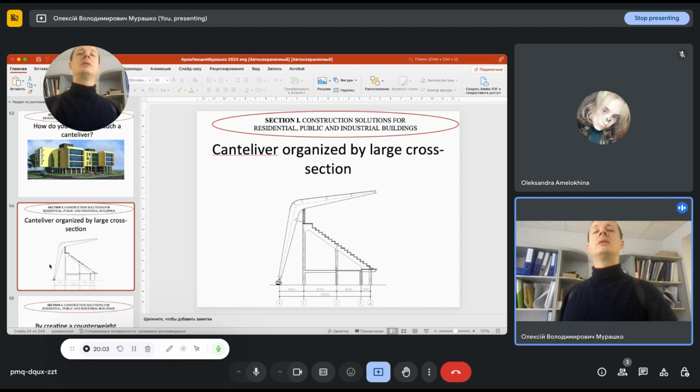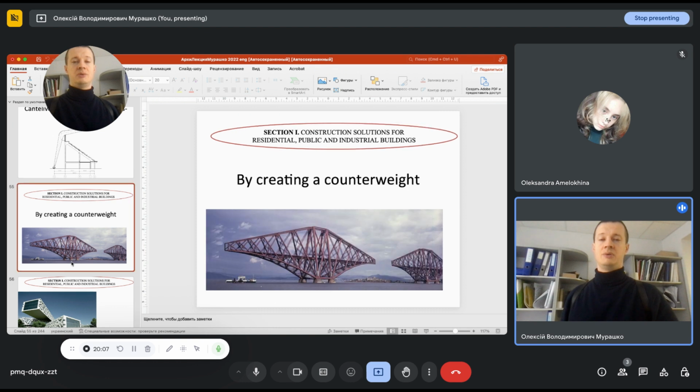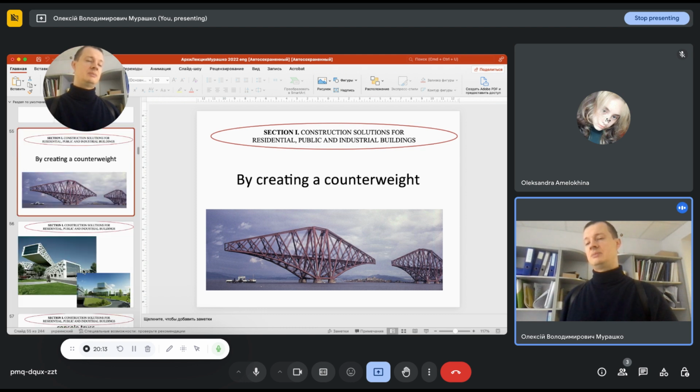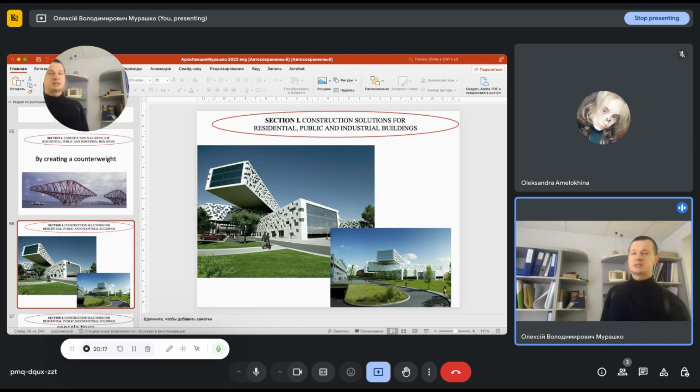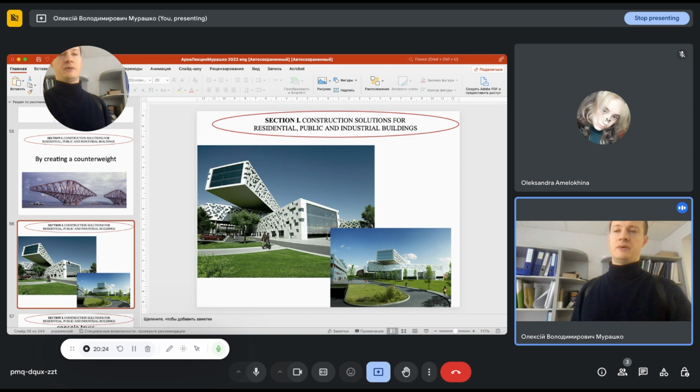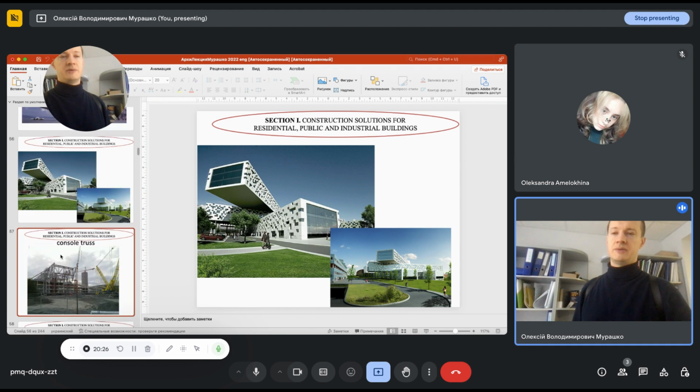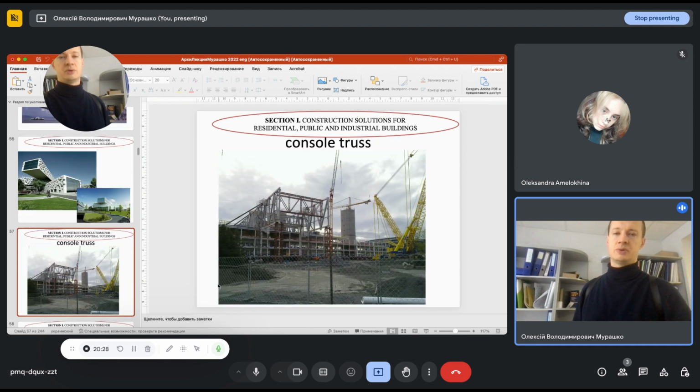And this you can see in these elements or even bridge elements which work like a cantilever. By the way, this is a very interesting and already built building. It also consists of huge cantilever elements.